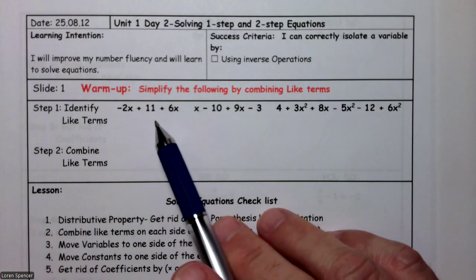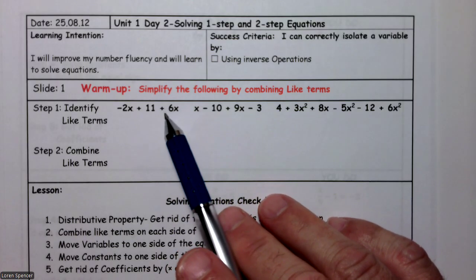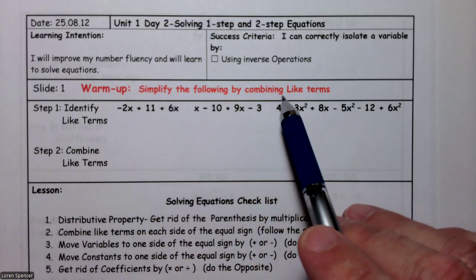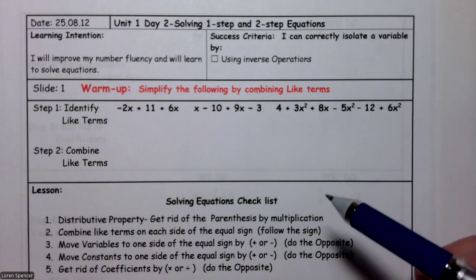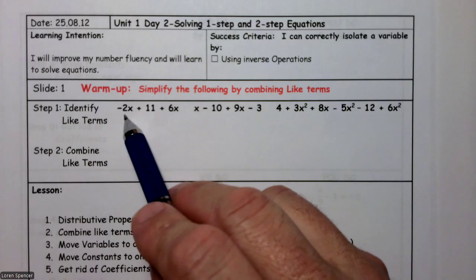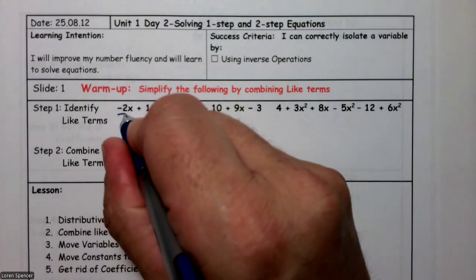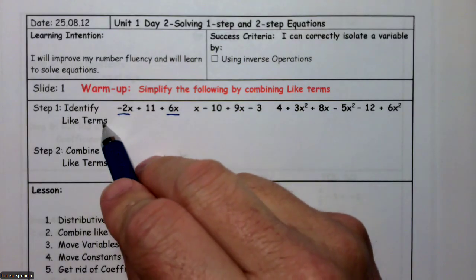So, first off, review back of yesterday, where we combined like terms. And we said that a like term was a term that had the same variable and the same exponent. So I look at this and I go, oh, I can combine the -2 and the +6. Those are my like terms. I just identified them.